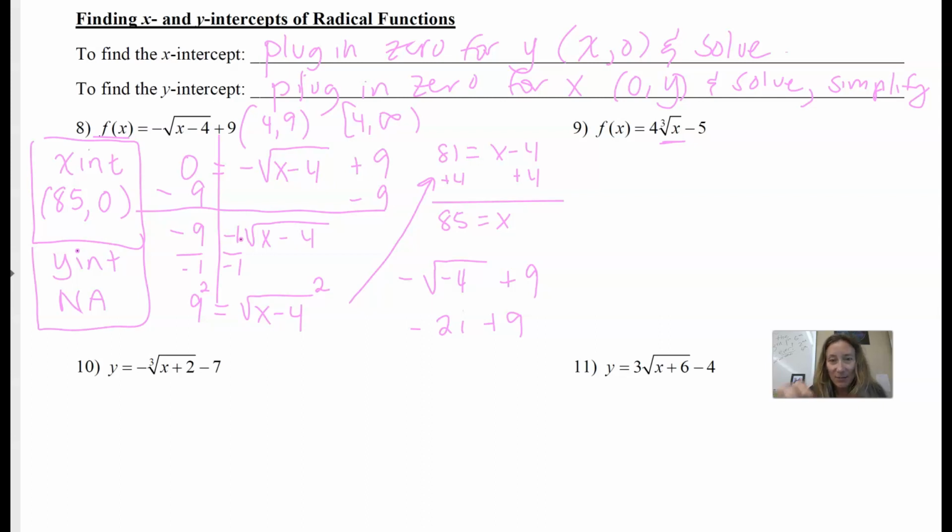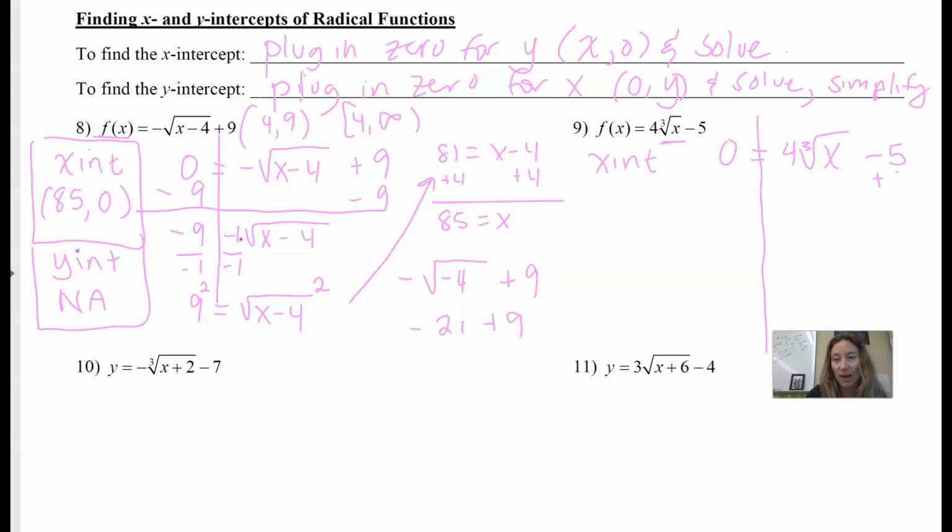All right, number 9. I'll plug in to find the x-intercept. I'll replace f of x with 0 is equal to 4 cube root of x, and then minus 5. So to isolate the cube root of x, I need to add 5 and then divide by 4.